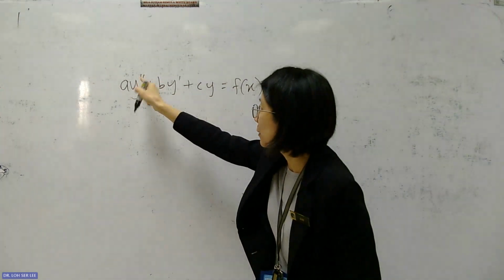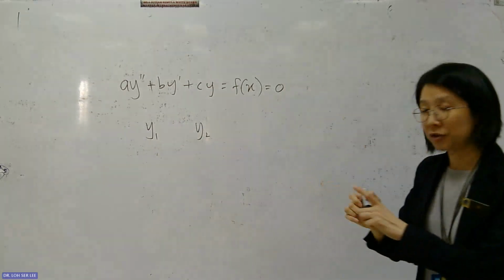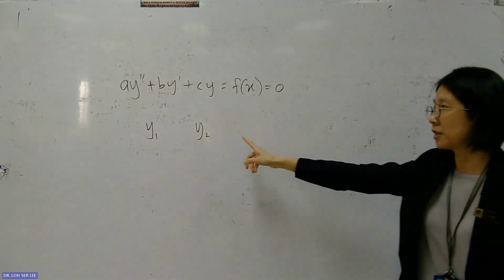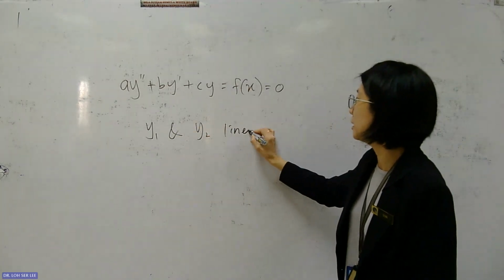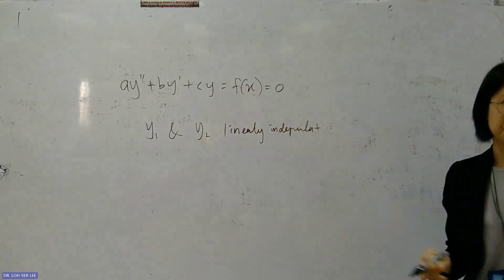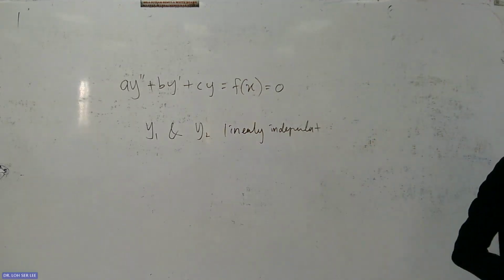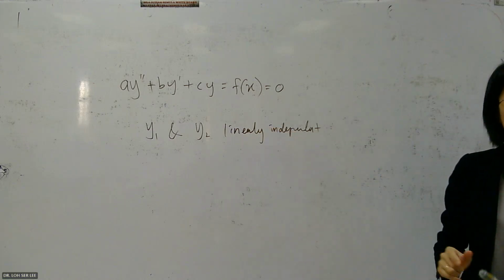So for second order, it has y1 and y2, two solutions, and these two solutions are linearly independent. What does linearly independent mean?